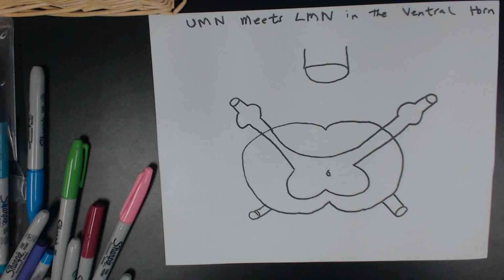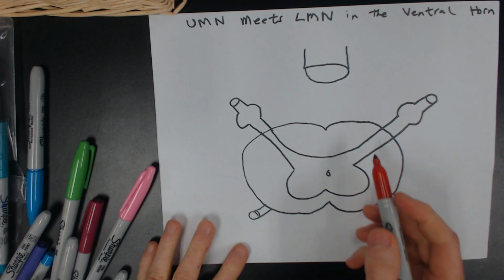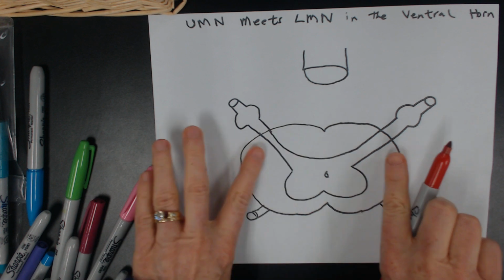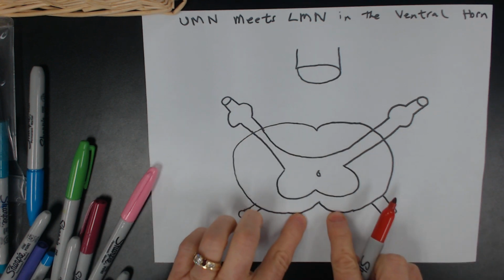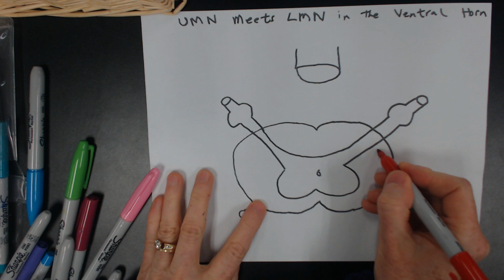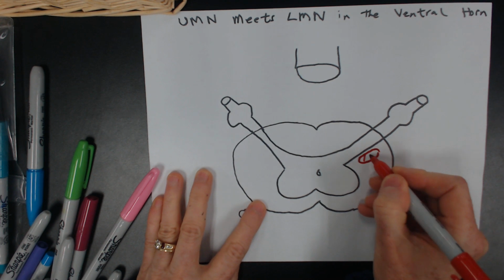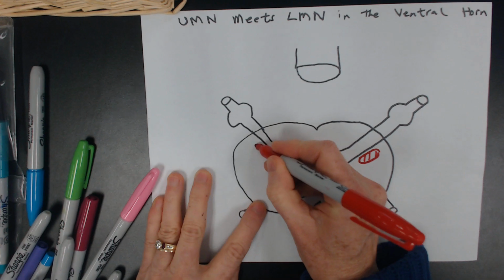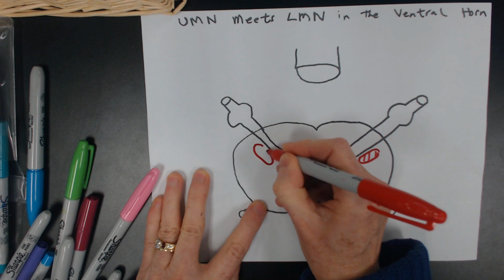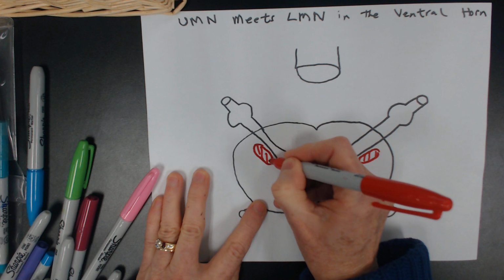If you remember, here's my dorsal columns, this is lateral, and this is anterior. My lateral corticospinal tract is positioned bilaterally right about here, and that's going to be the big one, like I said, for voluntary movement.